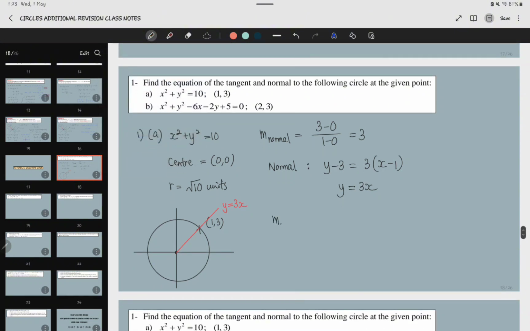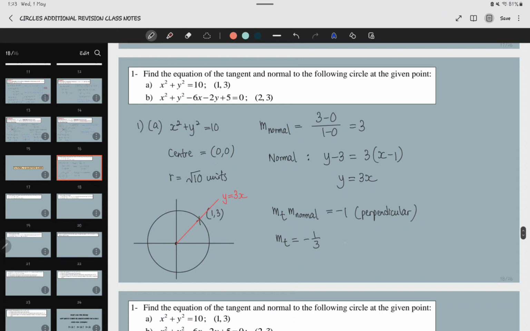Okay, now question 1, normal and tangent. So the m of tangent times m of normal equal -1 because they are perpendicular to one another. Therefore your m of tangent will be -1 divided by 3, which is -1 over 3.